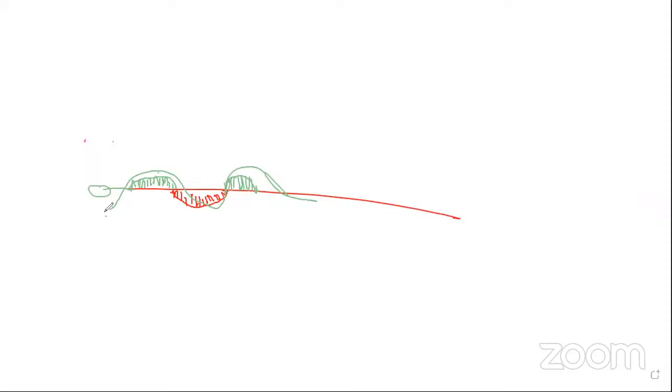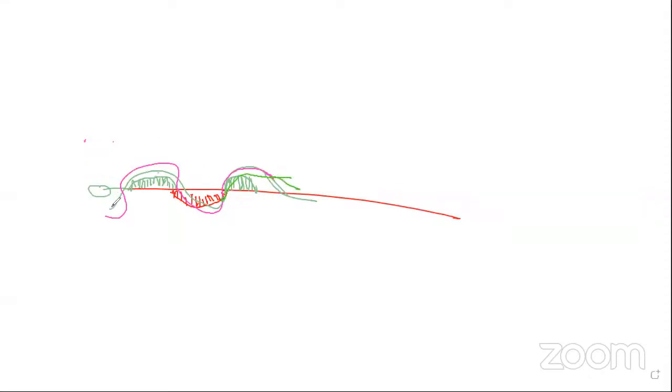And so the cross might happen here, then goes below, then maybe another cross happens here, then it goes above. So they cross each other, then another cross, they move together, then maybe another cross happens here.